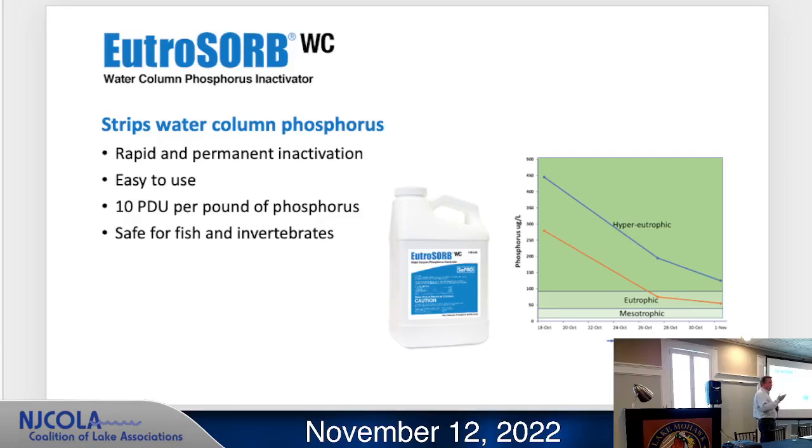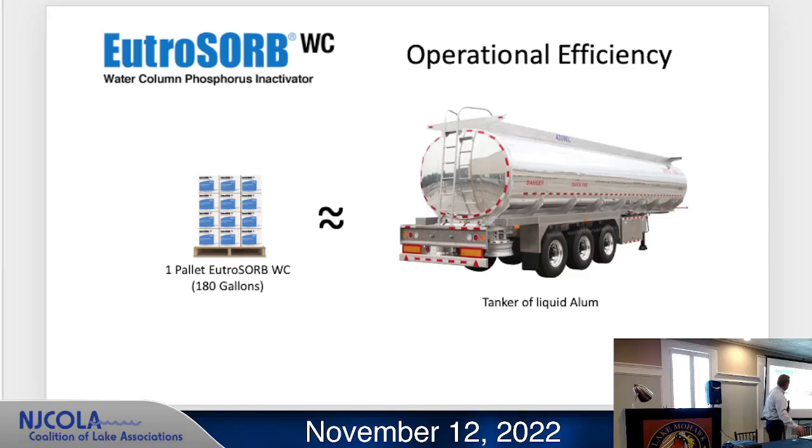Or, hopefully in the future, if it's an internal load coming off the bottom, we'll be able to lay something down and capture that on the bottom. So the technology is growing. Every answer is not there, but using the volume of product, okay.